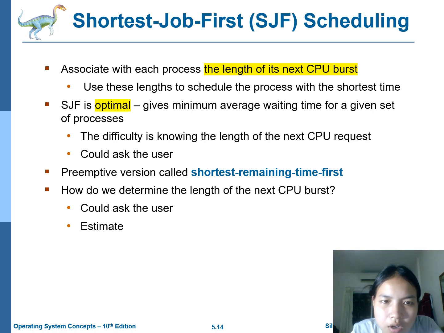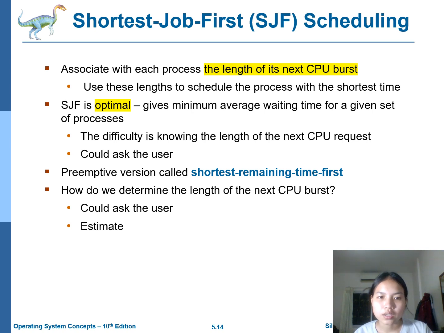SJF is optimal: it gives the minimum average waiting time for a given set of processes. The preemptive version is called shortest remaining time first.